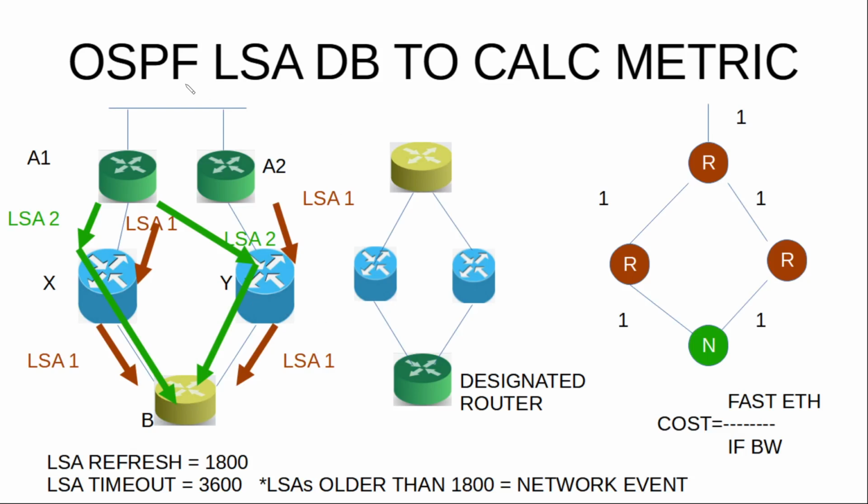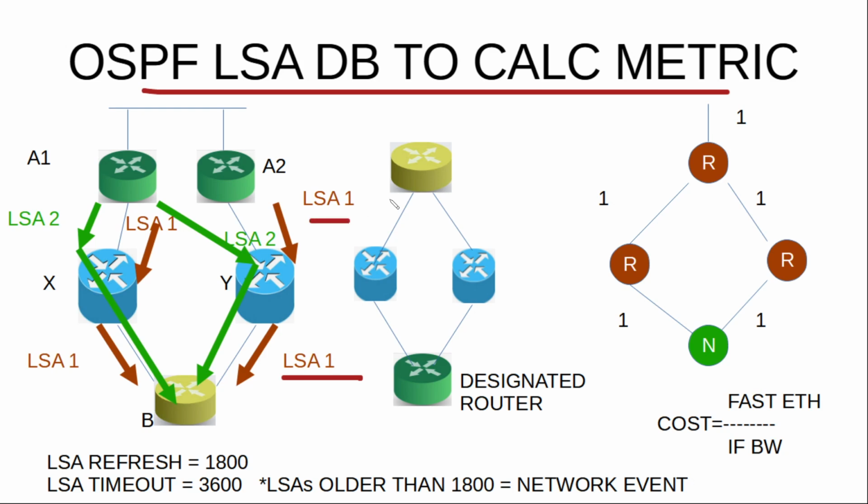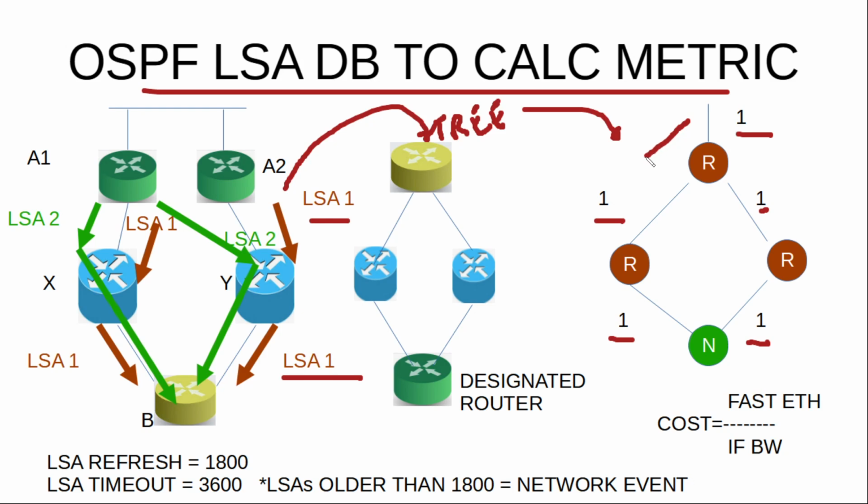Now, when it comes to OSPF calculating the metric, it is going to use LSAs that are going to be translated into a tree, and then this tree will actually have costs. So for instance, the cost for this path will be 3, and the cost for this other path will be 3.